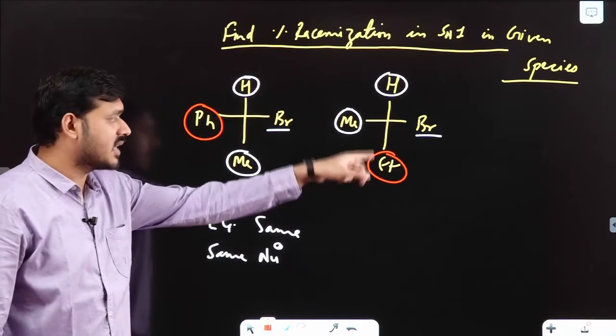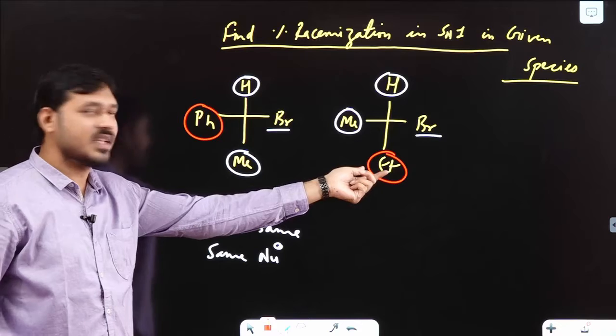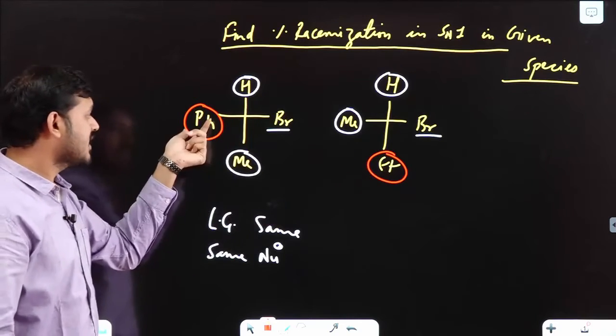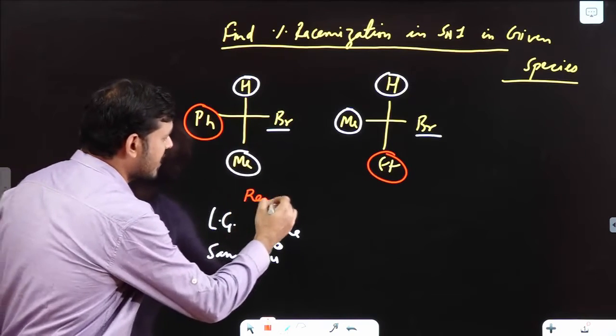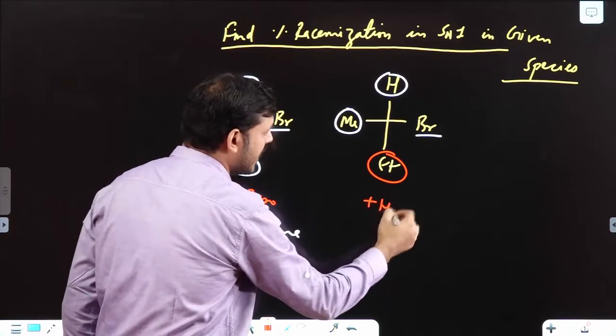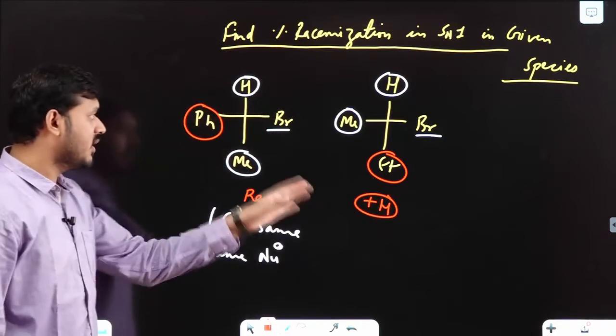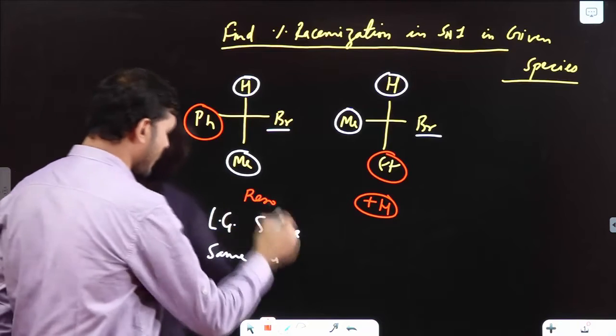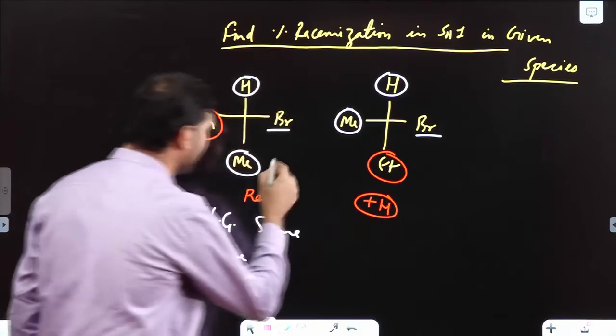Ethyl is having just a plus I and it will serve as 2 alpha H extra. This will serve as resonance. So this will cause resonance, this will cause plus H. Okay, so in between these two, the stable carbocation will be this one.